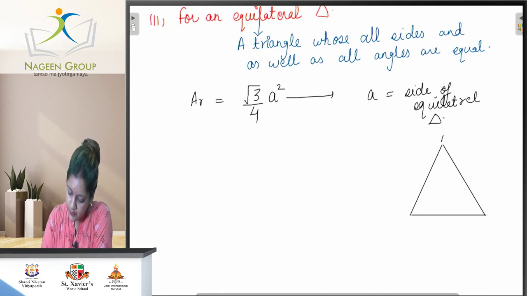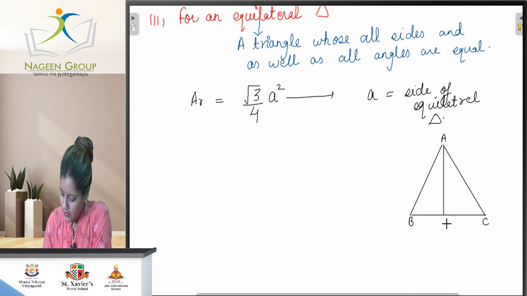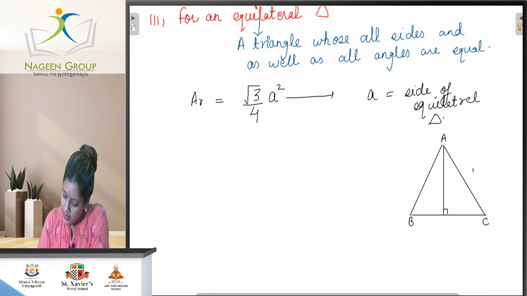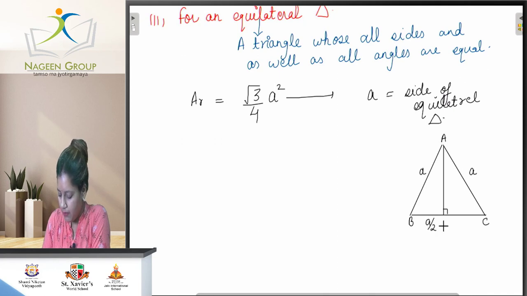Here A, B, C, there is the height. All sides are equal, this is a perpendicular, this is a, this is a. If it is a perpendicular, then the base becomes bisected into a by 2 and a by 2.